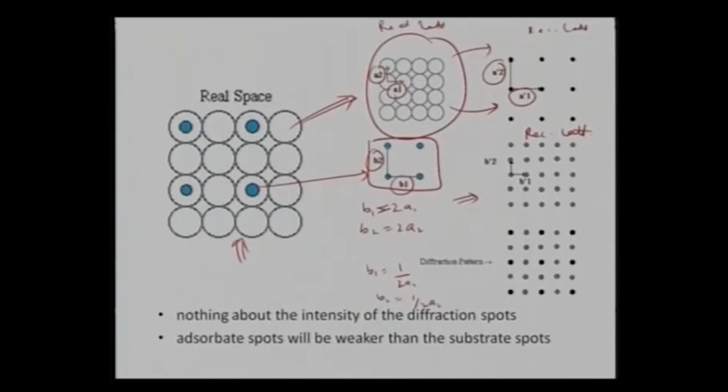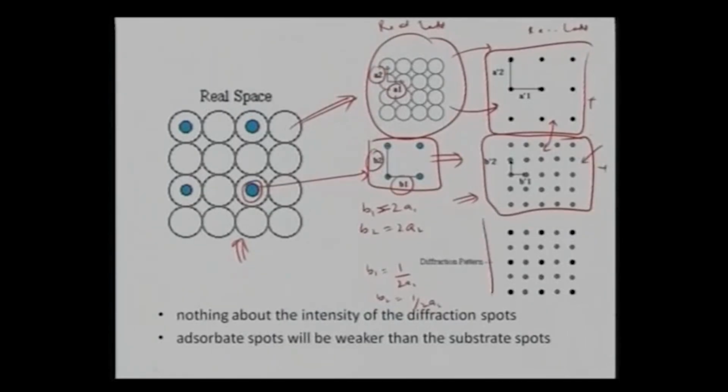So what do I get? I get many more diffraction spots compared to my first case. My diffraction spots are much more numerous once I have an adsorbate which is spread much more sparsely compared to my overall matrix. But the problem is that I have so few adsorbate on the surface of the matrix that the intensity might not be that great, but the patterns will overlap with one another. So if I combine this and this, I get something like this.